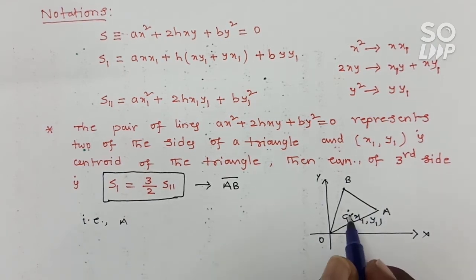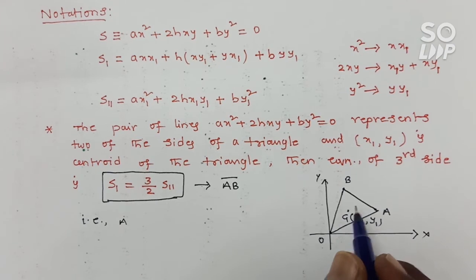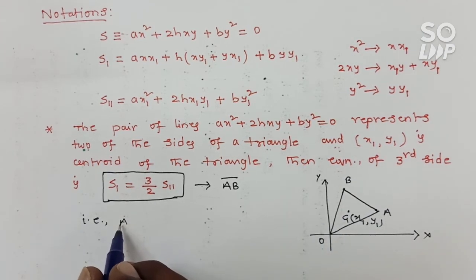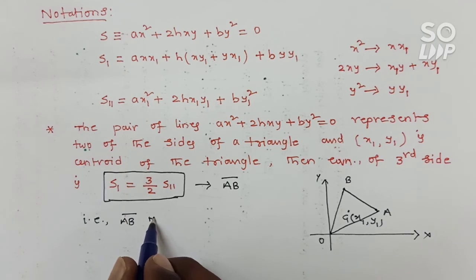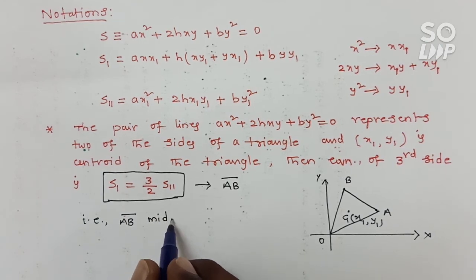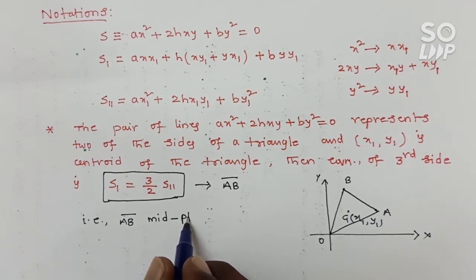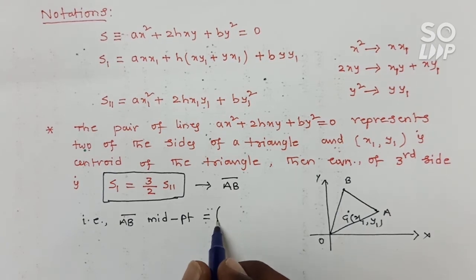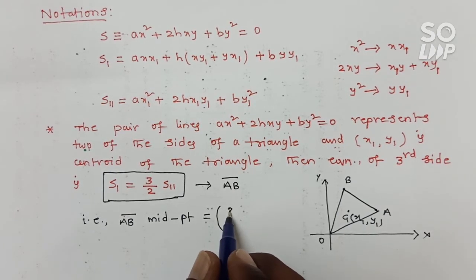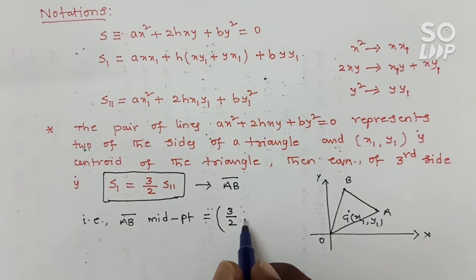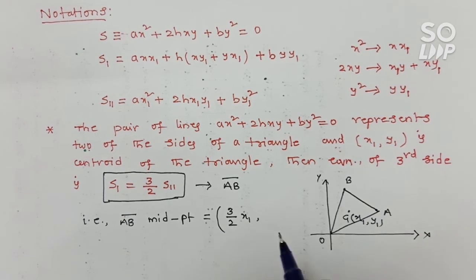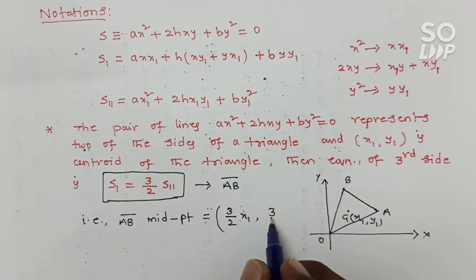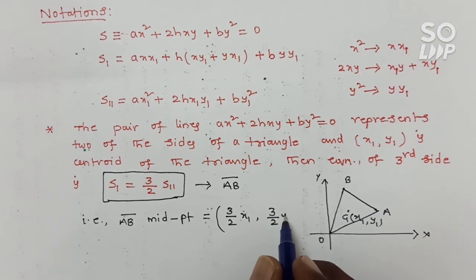So if a centroid is given, how to find the midpoint of AB? The AB midpoint is equal to 3 by 2 into x1 comma 3 by 2 into y1.